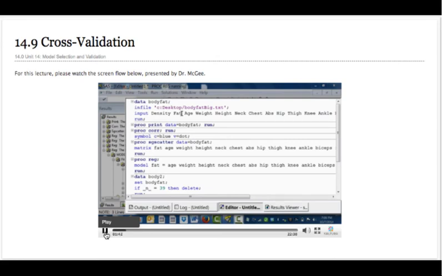So again, we're trying to get an estimate of body fat using all of these measurements. Now clearly not all of them are necessary, so we have two tasks ahead of us. One is a variable selection task, and the other is a cross-validation task to make sure that the model that we have is a reasonable one.